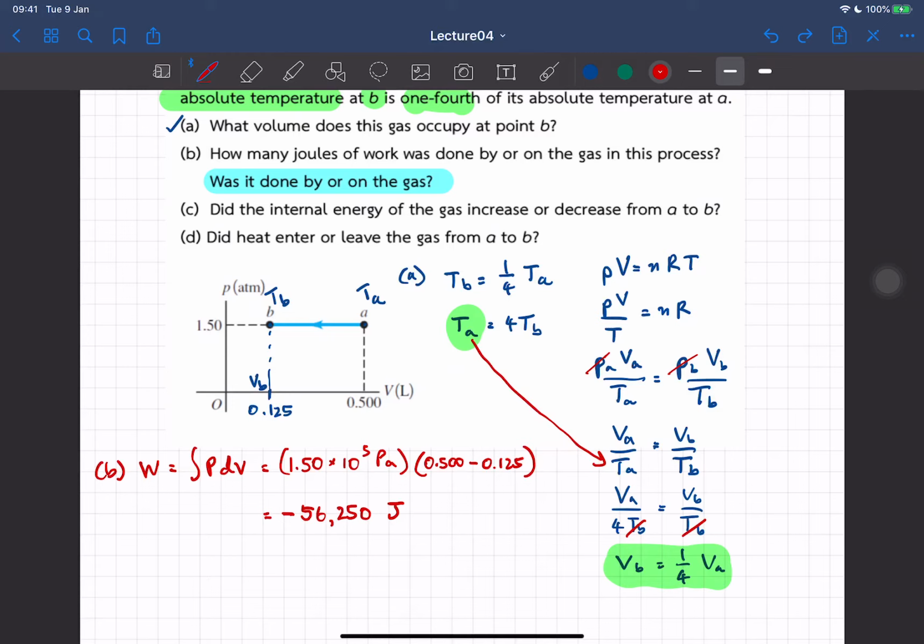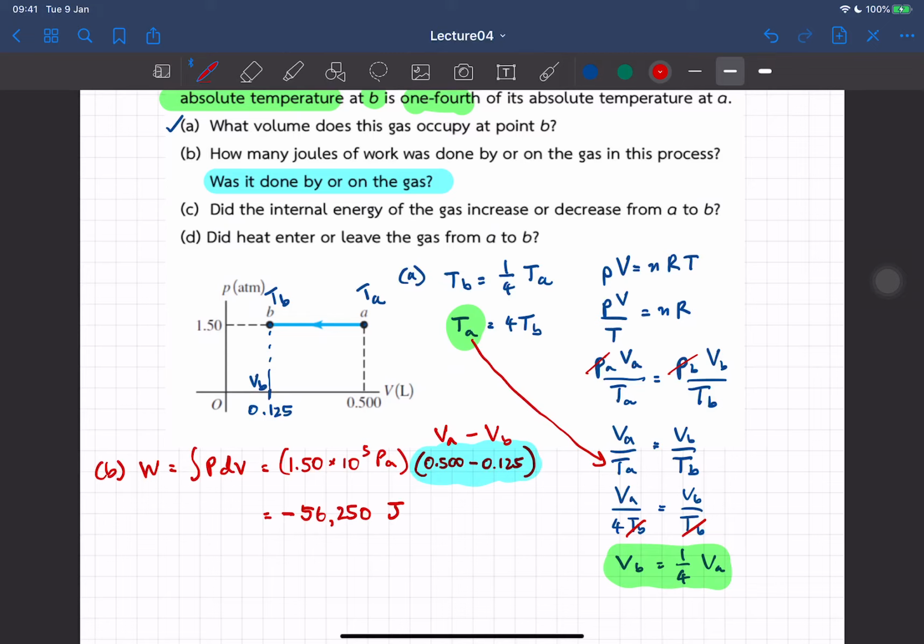Well, what I did wrong also is this part here. Okay, I used volume VA and then minus VB here. But actually I should have written VB minus VA because it should be the final volume minus the initial volume.